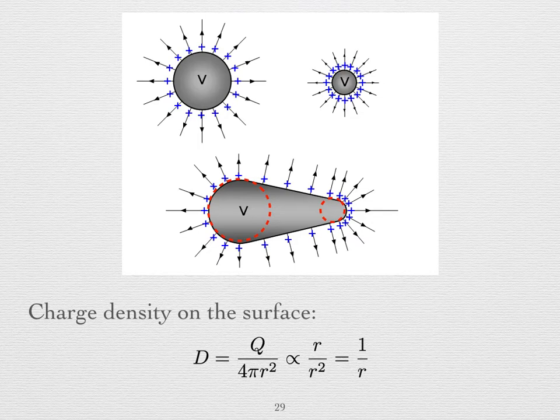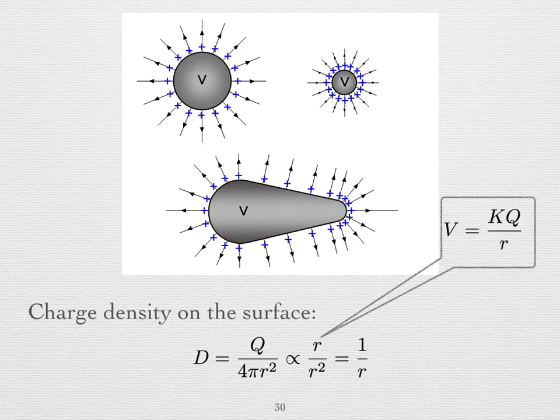All right. So how does that relate to the radius? Here I know a fact that because these two balls are brought into contact, they're connected together, so the potential should be the same. Since V equals kQ over R, if V is the same and k is a constant, then Q will be proportional to R. So now we know Q is proportional to R in the numerator, and the denominator is proportional to R squared.